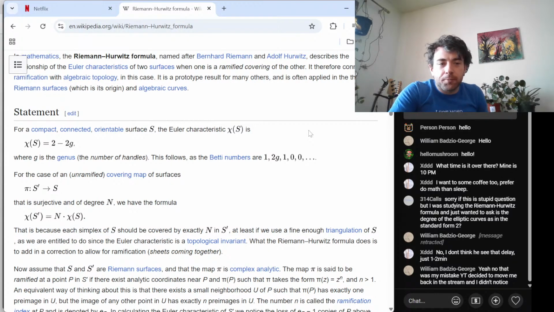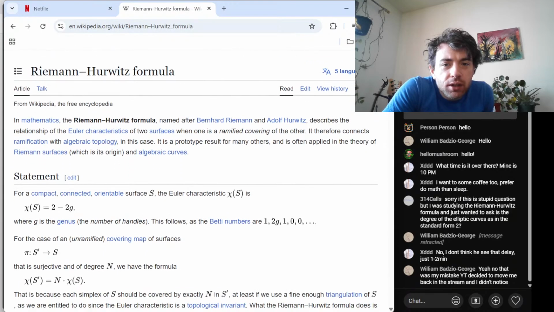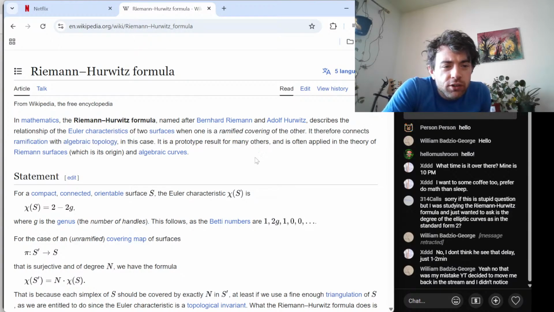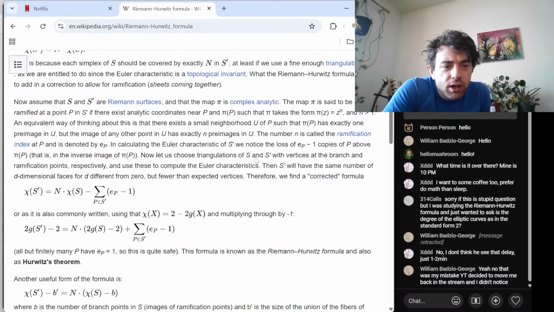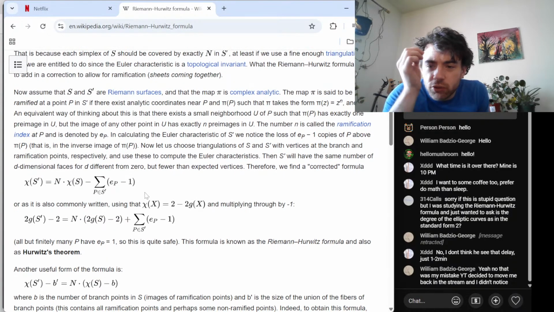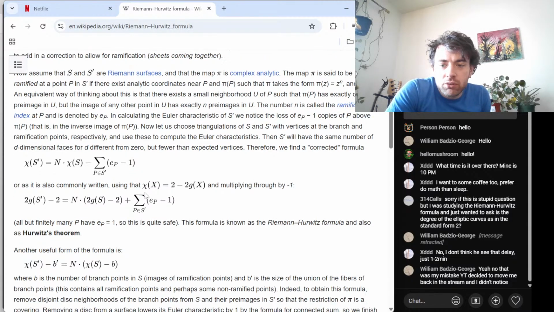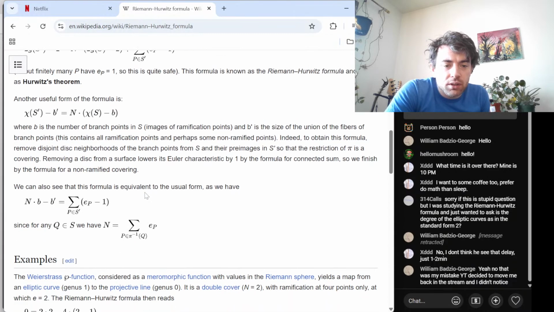Okay, what do we have here? The Riemann-Hurwitz formula describes the relationship of the Euler characteristic of two surfaces. Why don't I see the thing that I think is the Riemann-Hurwitz? Yeah, here we go. This is what I remember seeing. And now your question is, you're studying Riemann-Hurwitz, and you want to ask if the degree of the elliptic curves, as in the standard form, 2? Yeah, I apologize.